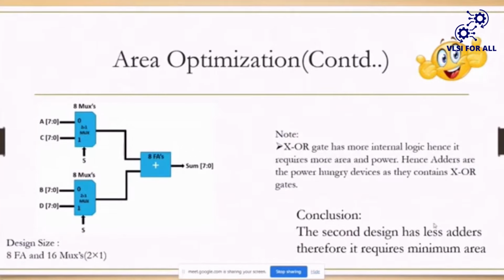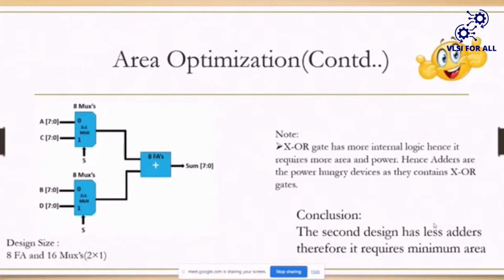The second design has less adders, therefore it requires less area, consequently less power dissipation. So in this way the tool can perform, team. Okay, and this way of optimizing the area and the power, remember team, this method is called operand isolation.